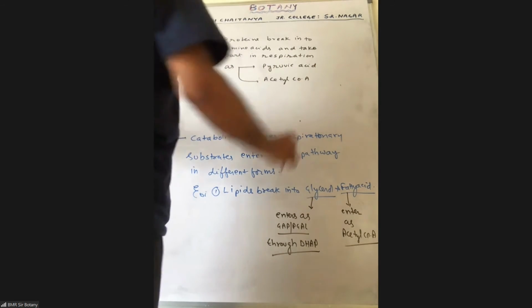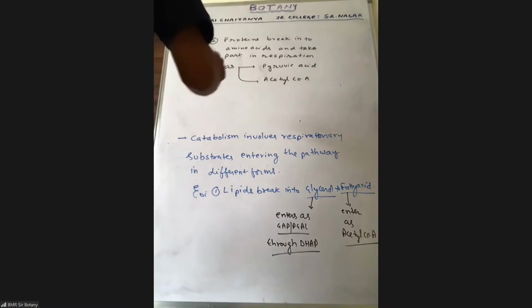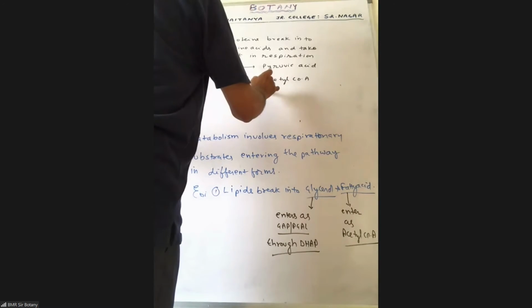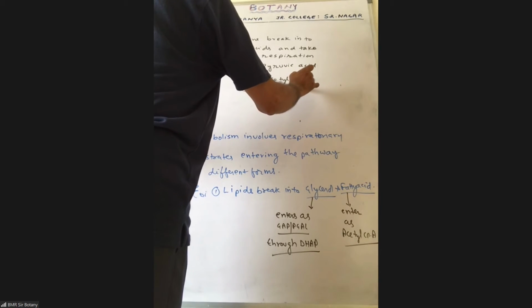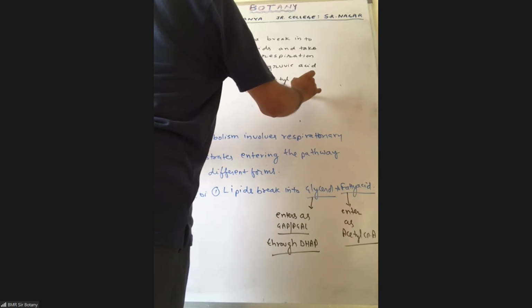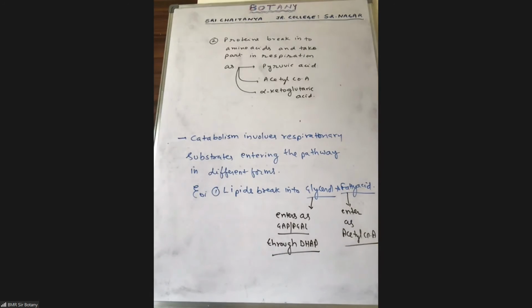Acetyl-CoA is common for all kinds of substrates, you are noticing. For lipids, it was through acetyl-CoA, proteins, acetyl-CoA, carbohydrates, anyhow we know through acetyl-CoA. Or even as alpha ketoglutaric acid. We have seen it under the nitrogen metabolism chapter also. Glutamate losing its amino group to form other amino acids will become alpha ketoglutarate that can again enter the respiratory pathway.